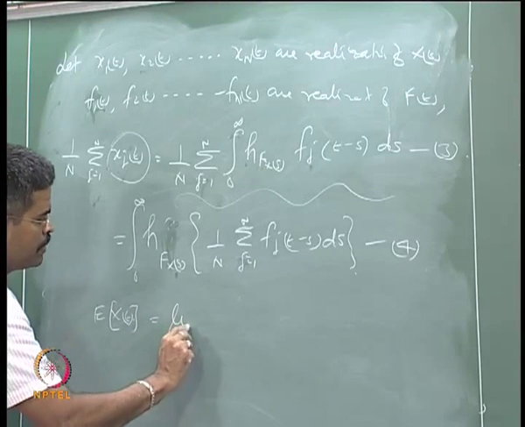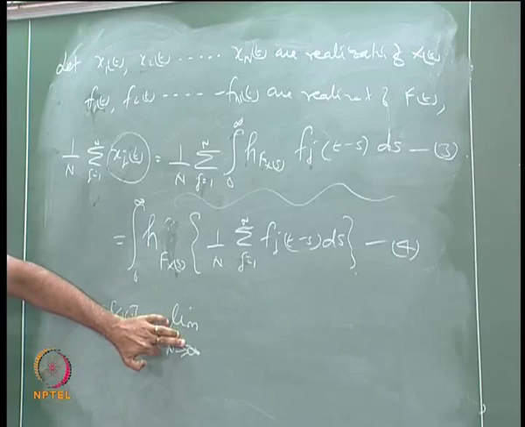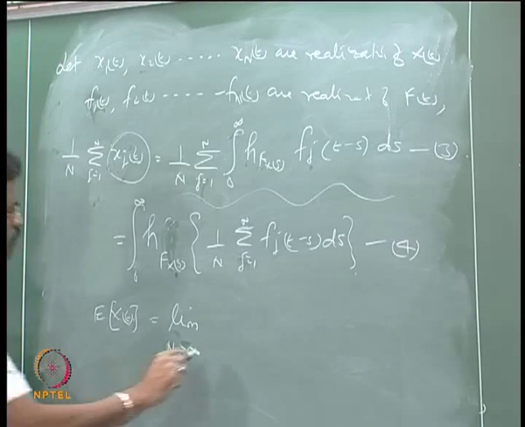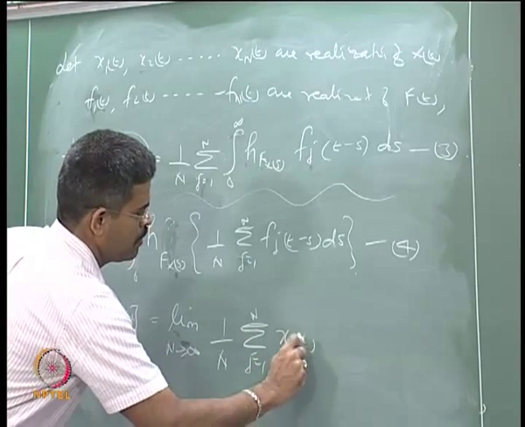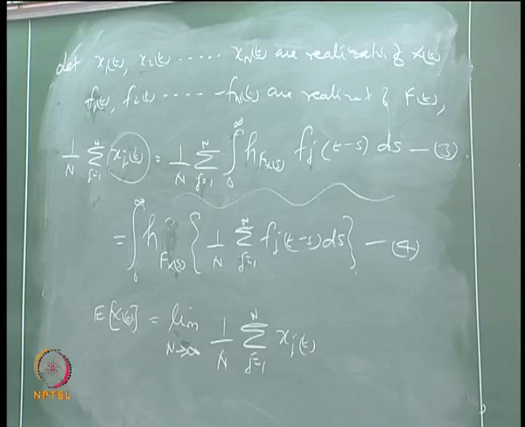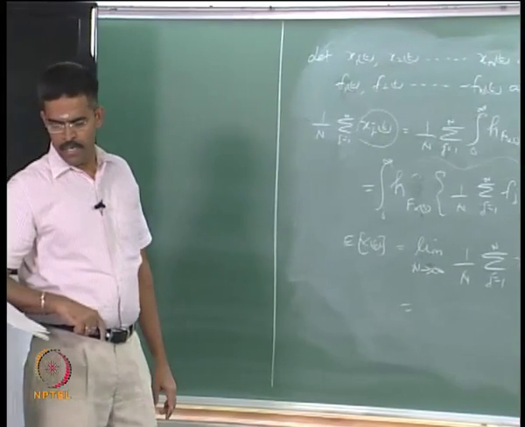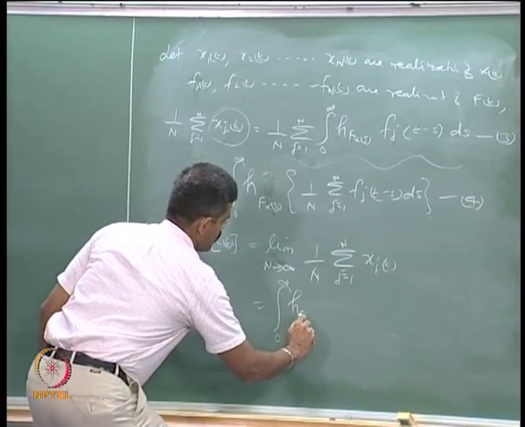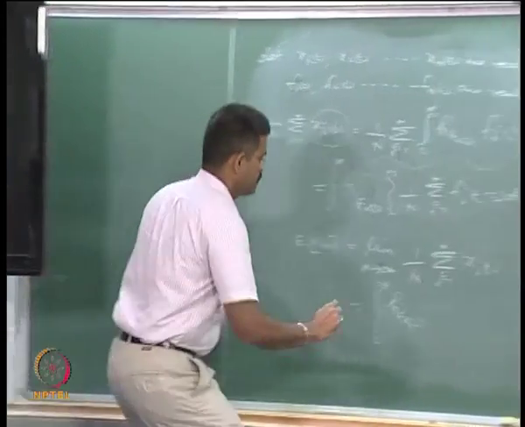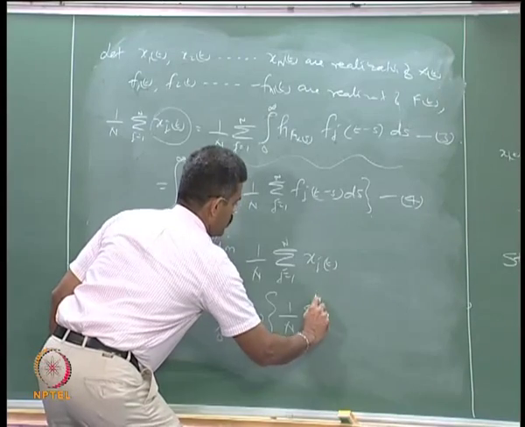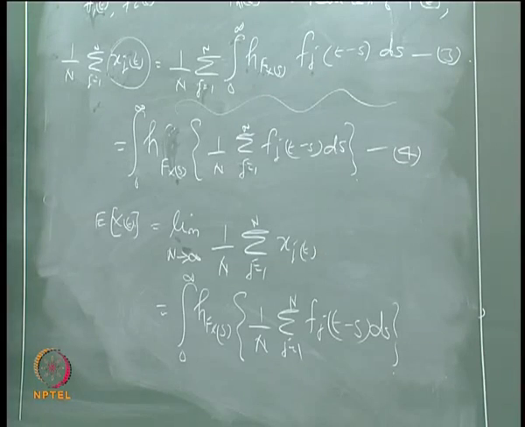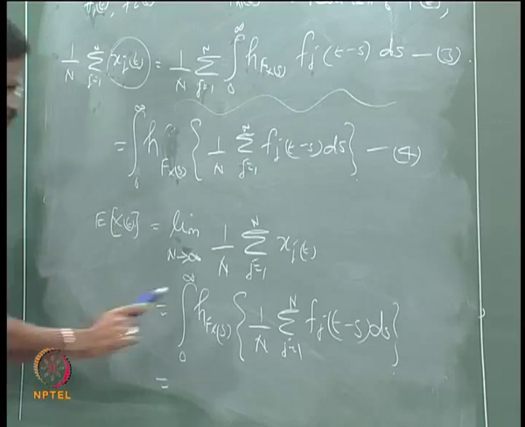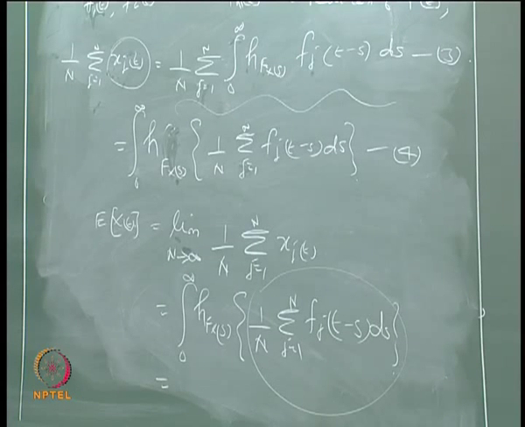Which is now given as limit n tends to infinity of 1 by n of the summation j equals 1 to n of xj of t, which I am rewriting from here, which is given as the integral of the transfer function 0 to infinity h of xs, summation 1 by n of j 1 to n of fj of t minus s ds, which can be said as, what is this value? Yeah, expected value of this variable, is it not?